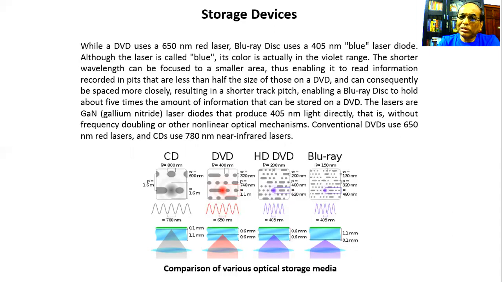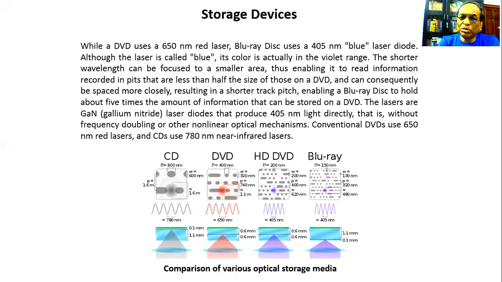It enables a Blu-ray disc to hold about 5 times the amount of information that can be stored on a DVD. The lasers are gallium nitride laser diodes that produce 405 nanometer light directly, that is, without frequency doubling or other nonlinear optical mechanism.